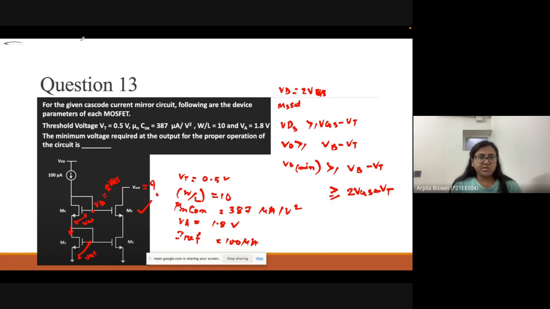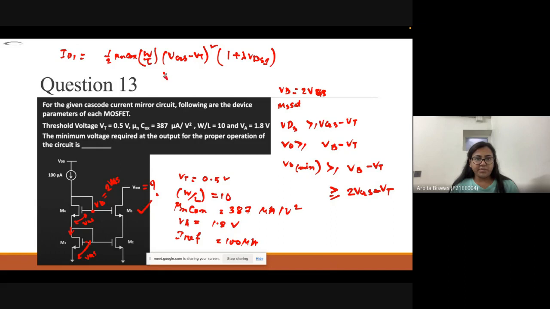So we can write ID1 equal to half of mu n COX W by L into (VGS minus VT) whole square, as all the transistors are identical, so VGS is the same for all cases, into (1 plus lambda into VDS1). And we know that lambda is equal to 1 by VA, the Early voltage, which is 1 by 1.8 volt, equal to 0.555 volt inverse.